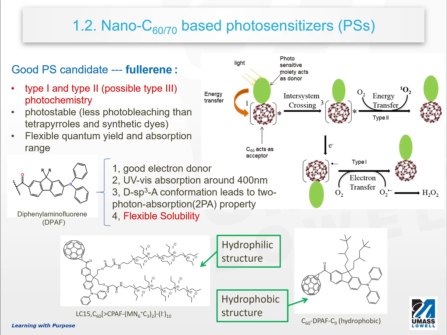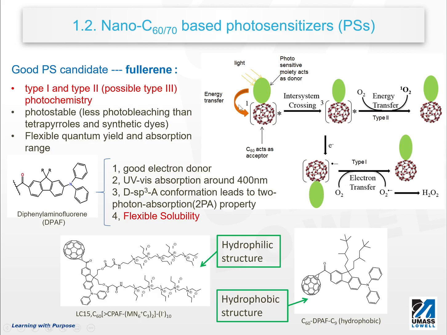And the hydroxyl radical is one of the killing agents to kill the bacteria. And type 2 photochemistry is the energy transfer. So the energy from the fullerene-based photosensitizer will transfer to the oxygen to generate singlet oxygen, and the singlet oxygen can also be used to kill the bacteria.